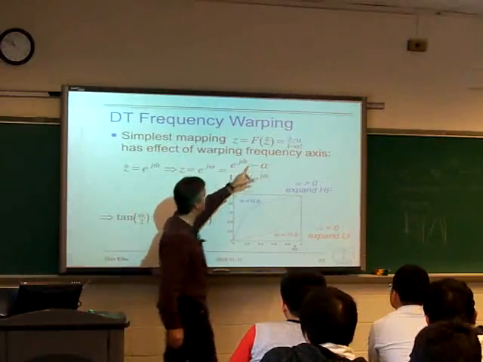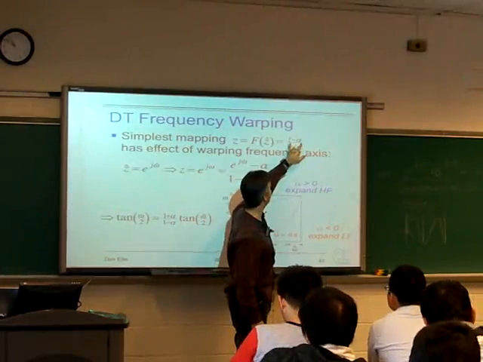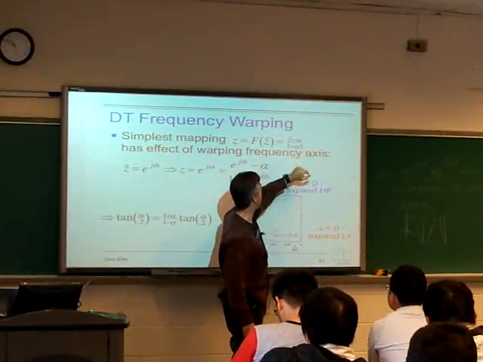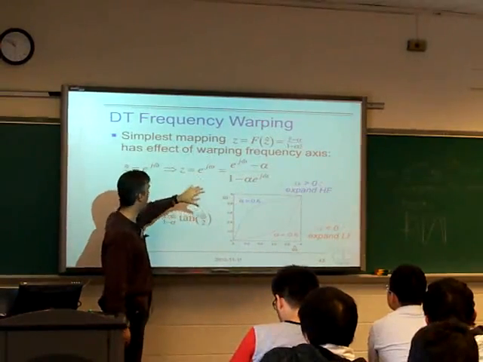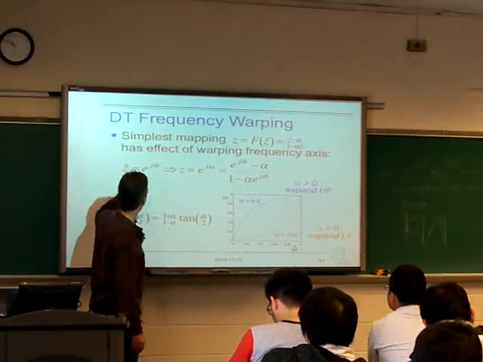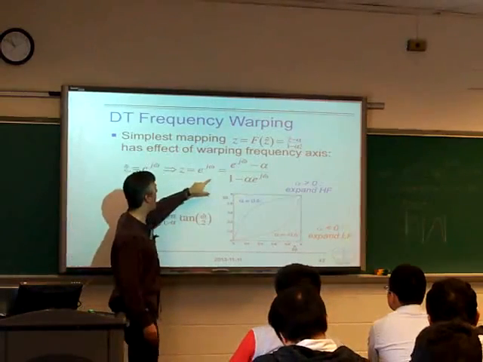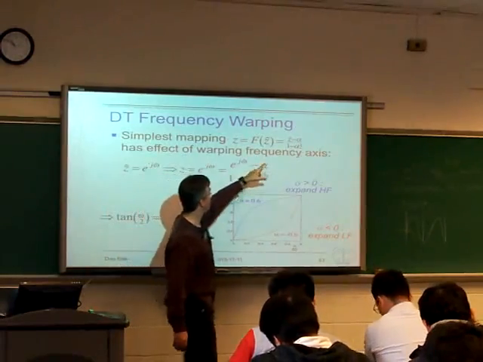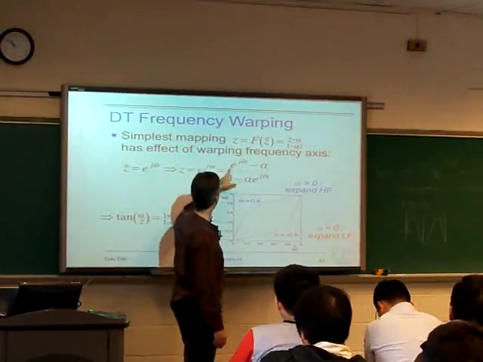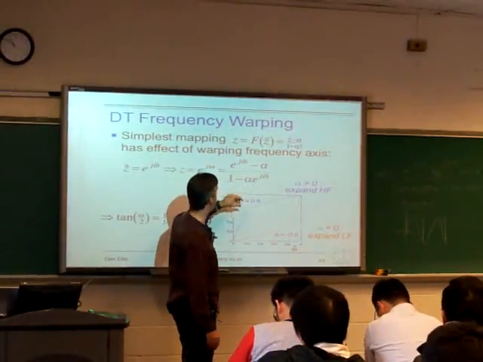If we have the simplest possible all-pass filter, a first-order all-pass filter, so the polynomial is 1 alpha and then alpha 1, we can work out exactly what happens if z hat equals e to the j omega hat. Then the mapped version, z equals f of z hat, is going to be z hat mapped in here. We know that this thing is going to have a unit magnitude. That was kind of the point. But we can work it out.